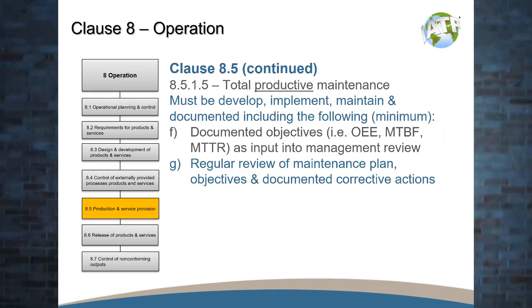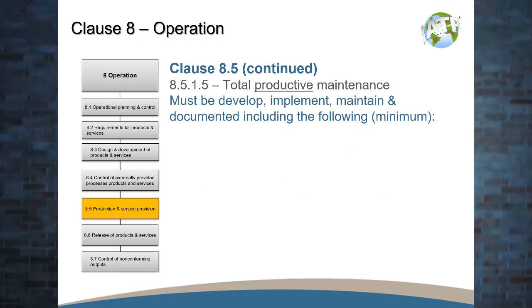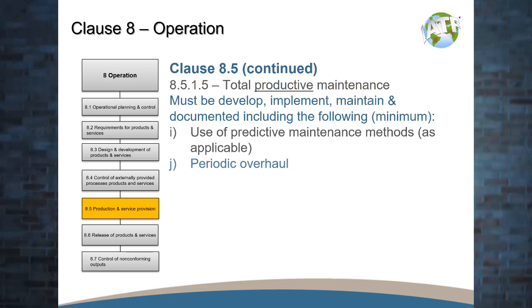When we're not, are we taking action and documenting that action? H, use of preventive maintenance methods when possible. And we go on. I, use of predictive maintenance methods as applicable, and J, periodic overhaul of equipment, of the machines, of facilities as needed.